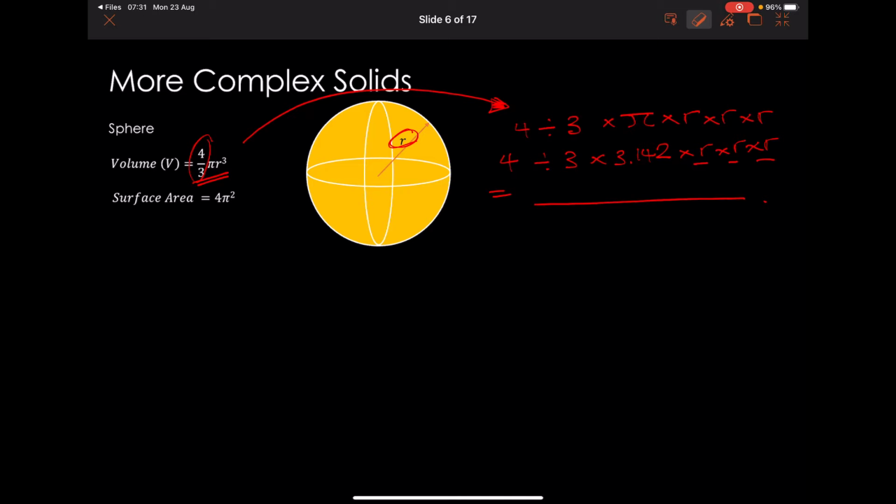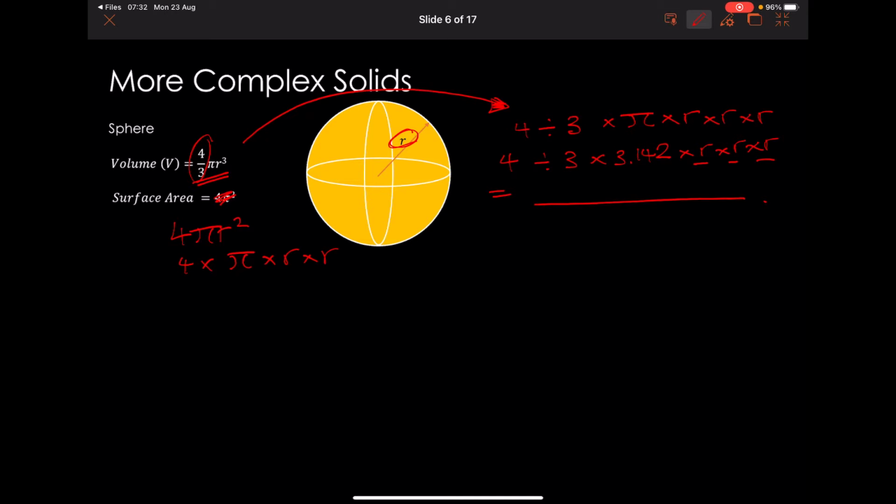The surface area of a sphere is 4 pi r squared, which is 4 times pi times the radius times the radius. So again, all you need to know to work out the surface area of a sphere is this formula. And a lot of the time they'll probably give you those ones because they're like the harder ones.